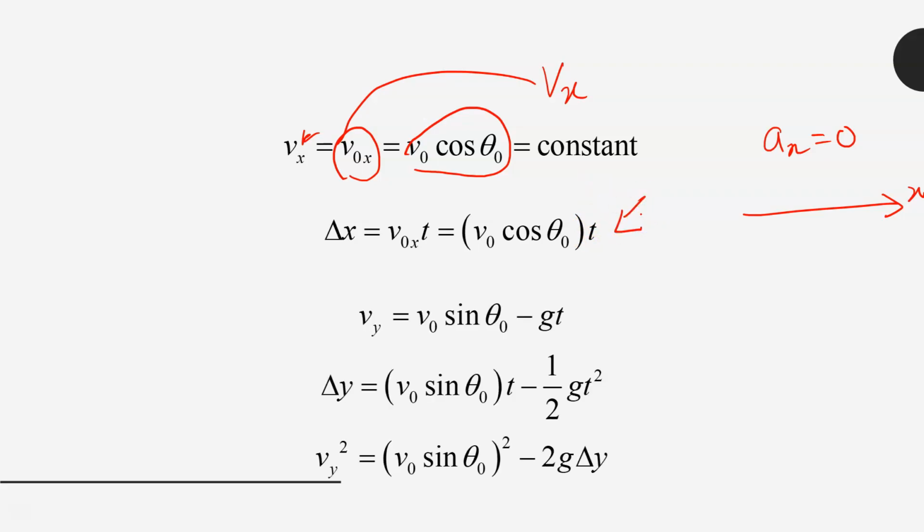Now for the motion in the y direction, we substitute ay with negative g, and v naught y is equal to v naught sine theta.